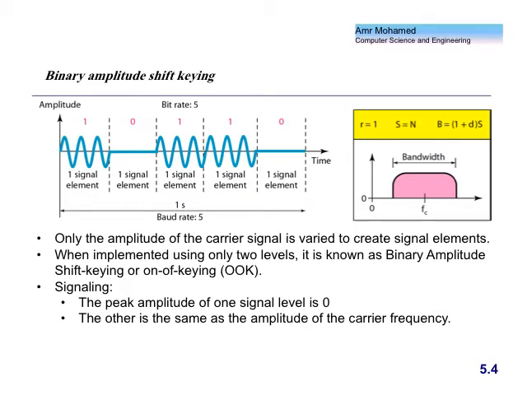The minimum bandwidth is the signal rate. So in order for the channel to pass this type of signal, at minimum I'm going to have a bandwidth which is equal to the signal rate, which is N. So that's what we have studied before.